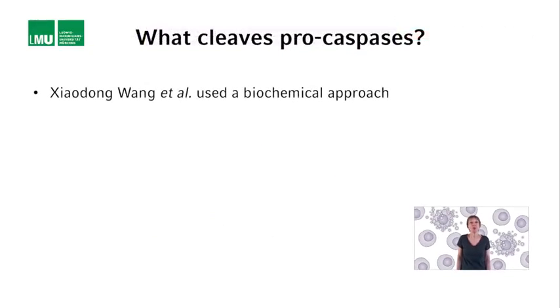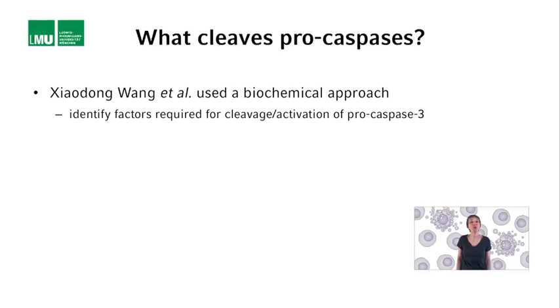To find out, Xiaodong Wang and his co-workers, then at Emory University School of Medicine in Atlanta, used a biochemical approach. Their goal was to identify the factors required for the proteolytic cleavage and therefore activation of pro-caspases, and pro-caspase-3 in particular.